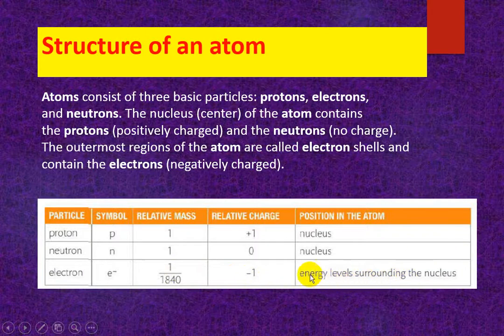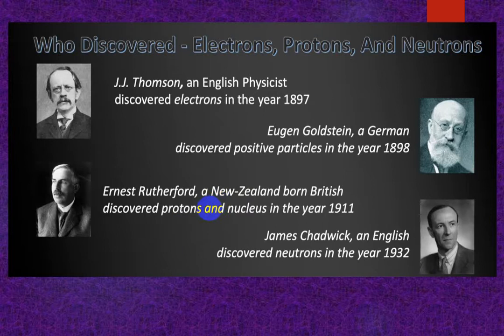Okay, which particle has the smallest mass? Proton, electron, neutron? Electron. Where is the position of the proton in the atom? In the nucleus.